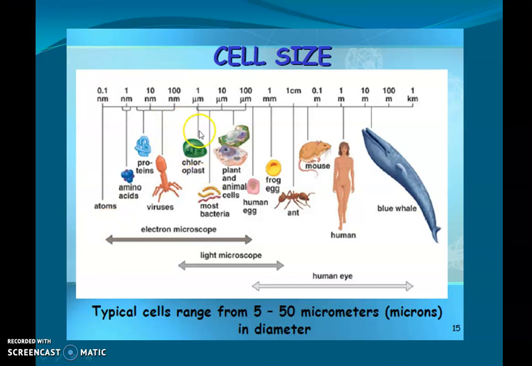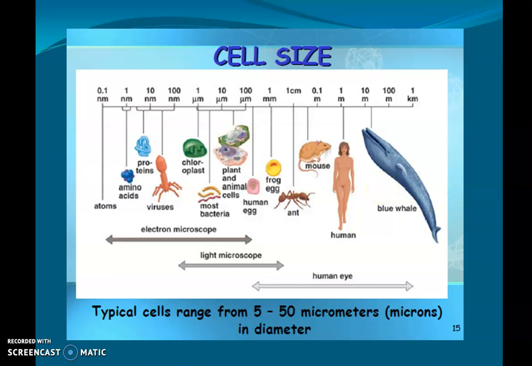I have already mentioned that the cell size in different organisms may range from several nanometers to micrometers. And here are some pictures showing the diversity of size. 0.1 nanometer sized atoms combine to form several molecules, and these biomolecules organize to form a cell, and the different types of cells are also seen here up to the multicellular organisms.